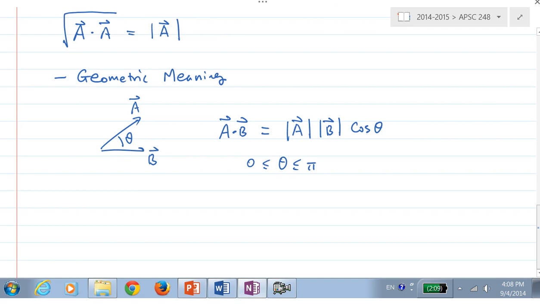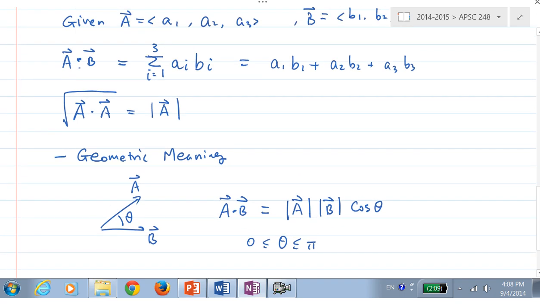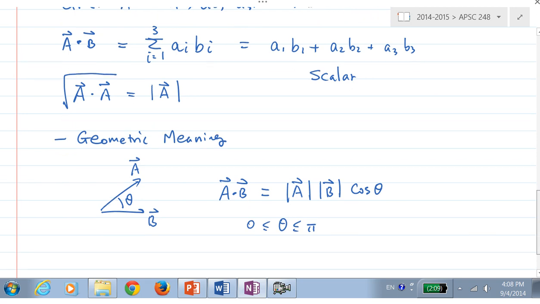One thing I forgot to emphasize: the end result of a dot product gives you a scalar value. Remember this because this is different from the cross product. It's not a vector anymore. It's a scalar.